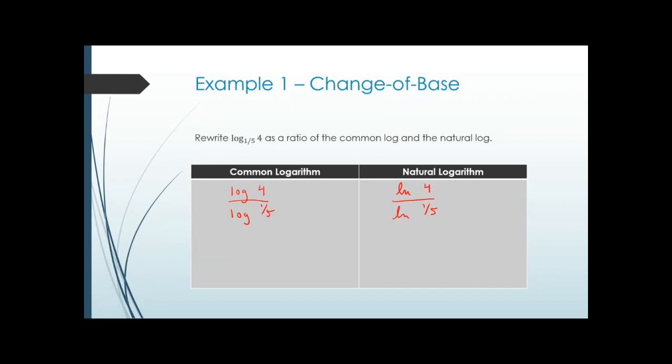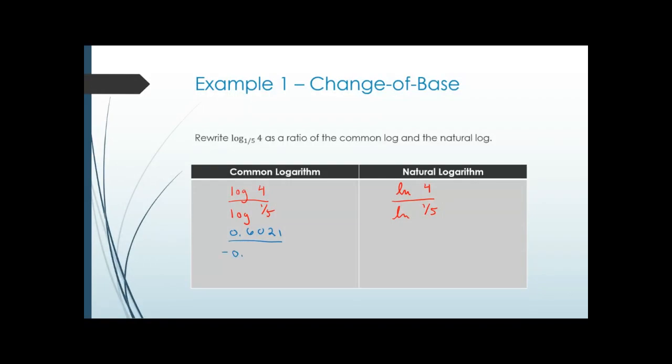So that's rewriting it. Now, if you want to evaluate and verify that you get the same answer, you can take your calculator and find the log of 4. So my calculator gives me 0.6021 when I round it. And then I can do the log of 1/5 on my calculator.